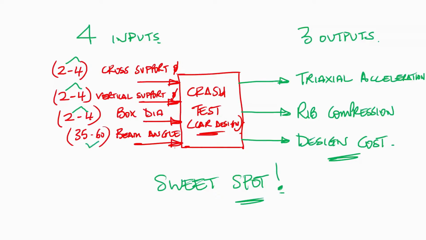I'm not sure what that one can be moved in, but I believe that if we multiply the combinations up in this particular case study, there are 16 million ways of setting up each one of these, don't forget. So it's 16 million ways of hitting a triaxial acceleration result, 16 million ways of hitting the rib compression result, 16 million ways of hitting the design cost result.